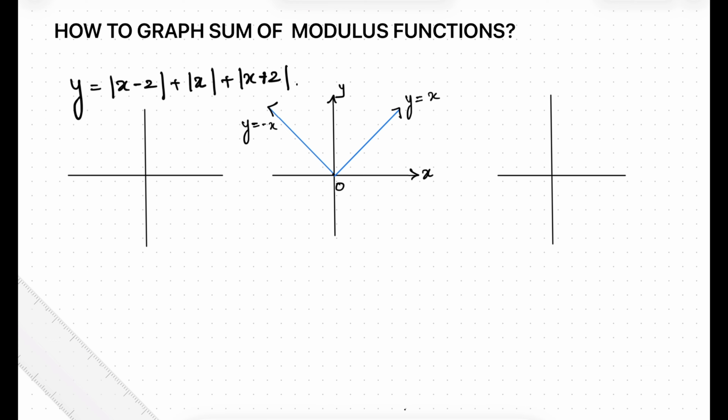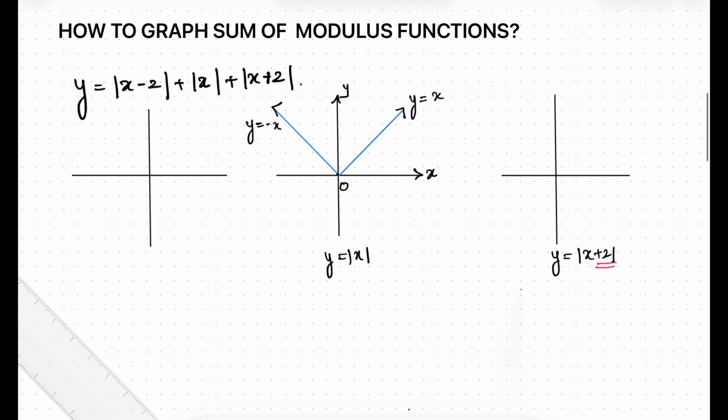So let me draw y is equal to modulus of x plus 2 graph over here, since I have drawn modulus of x graph over here. You can draw the same modulus of x graph, but you'll have to make a small change. Since the plus 2 has been added inside the argument of the function, the graph shifts.